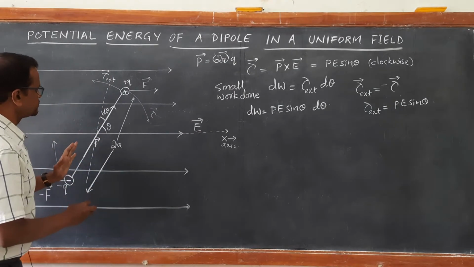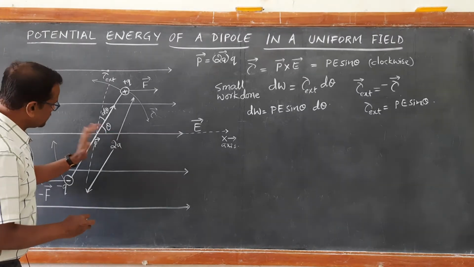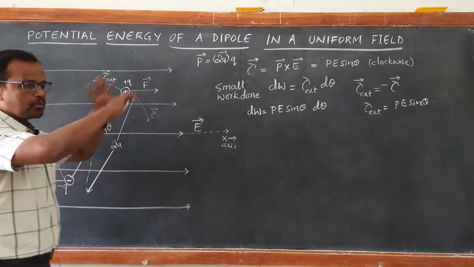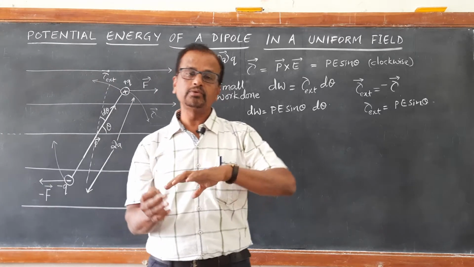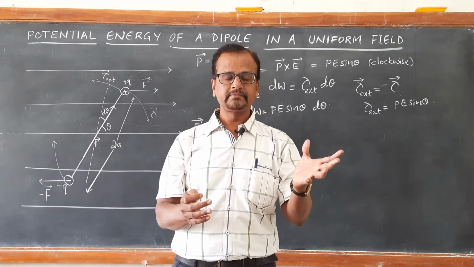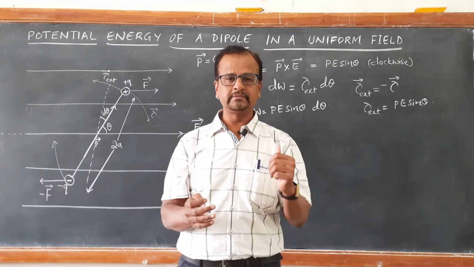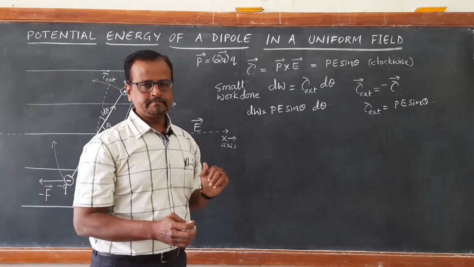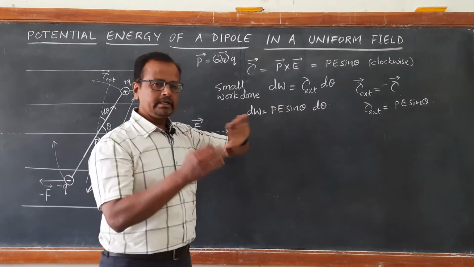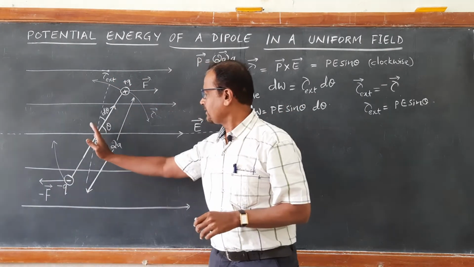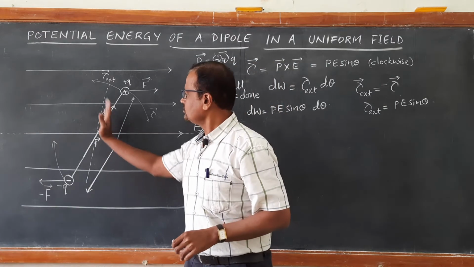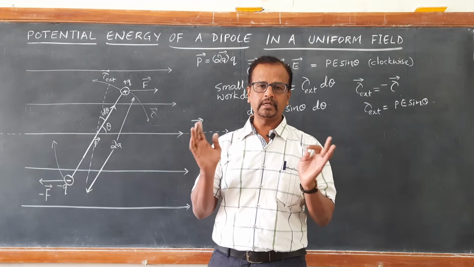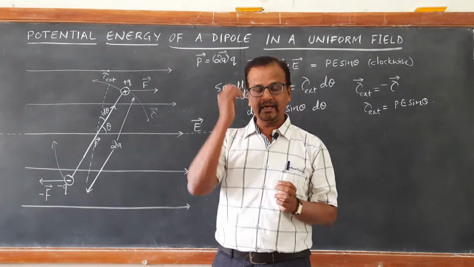Suppose we are turning it from an initial angle theta 1 to some final angle theta 2, through a considerably large angle. Then we need to calculate the total work done in turning the dipole from theta 1 to another angle theta 2, where we have to do a large amount of work. So, in that case, what happens?